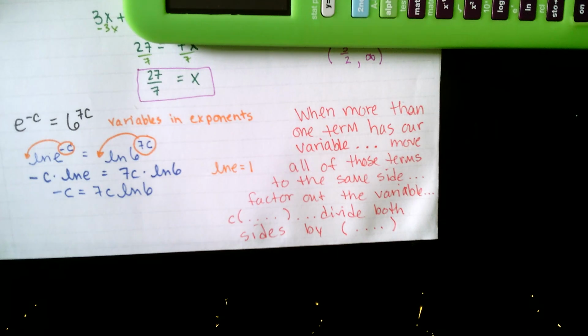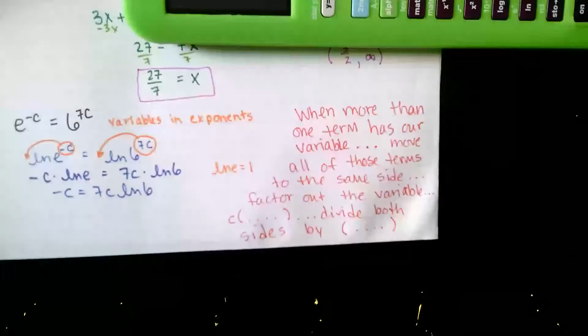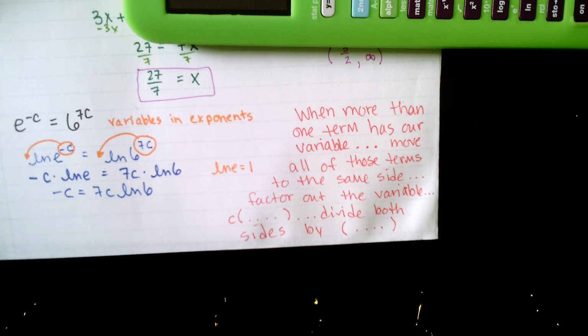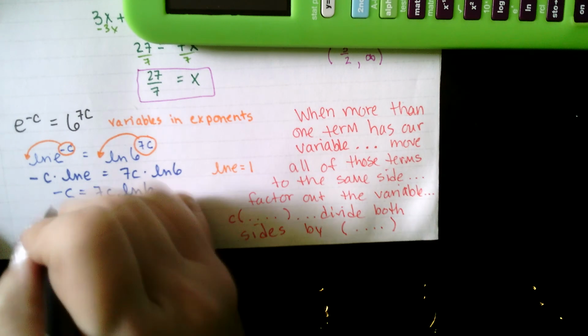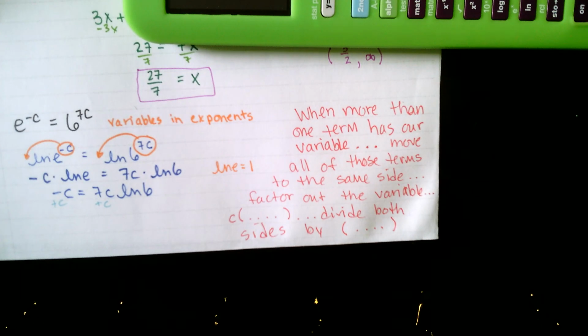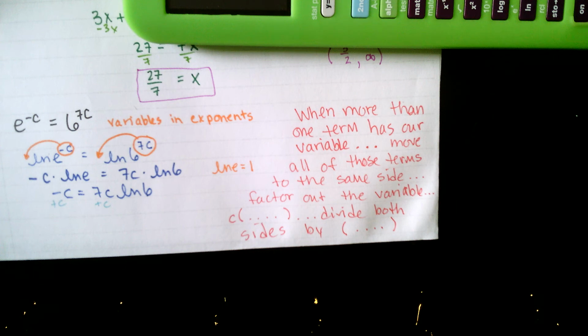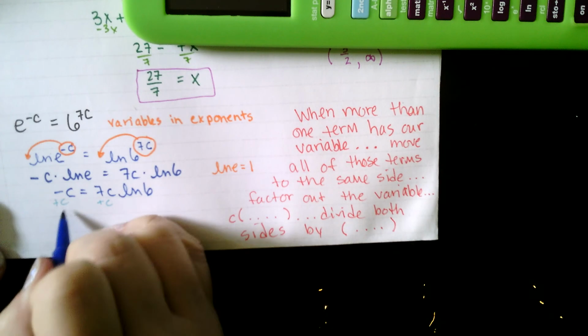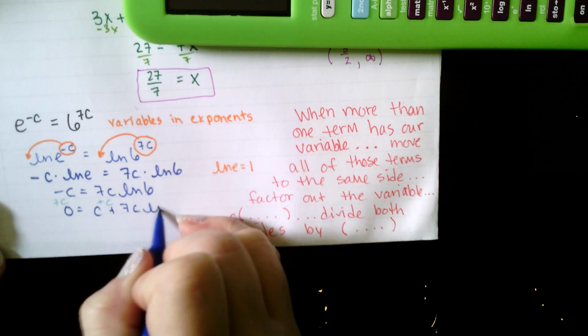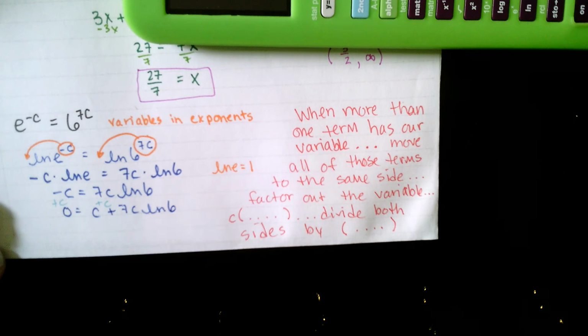More than one of our terms has the letter c, so we're going to move all of those terms to the same side. So I'm going to go ahead and add the c over to this side, which is going to give me 0 equals c plus 7c natural log of 6.